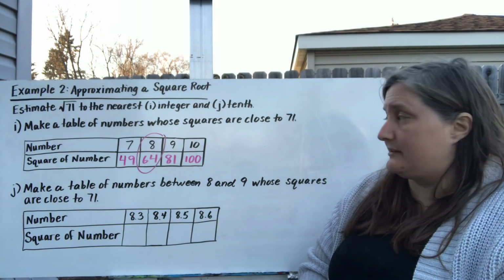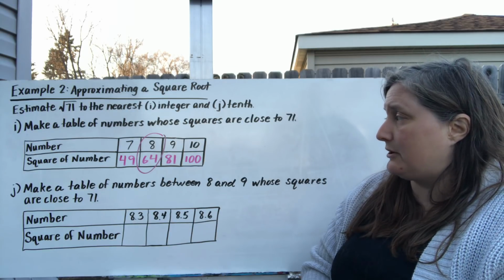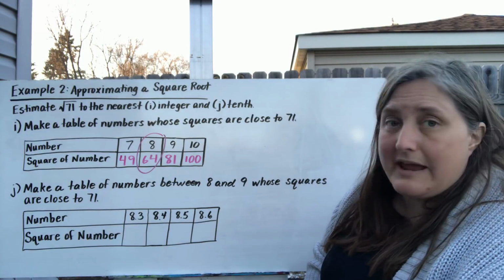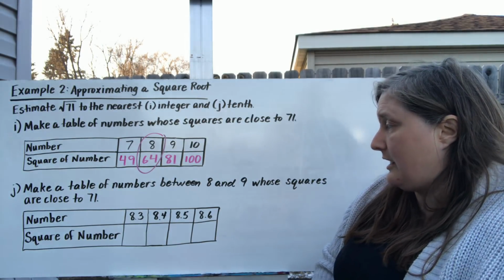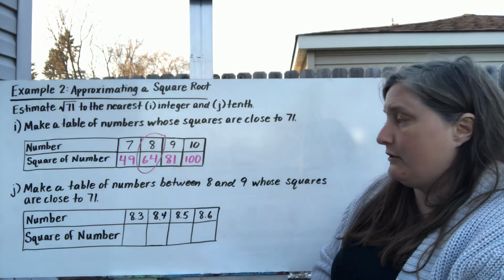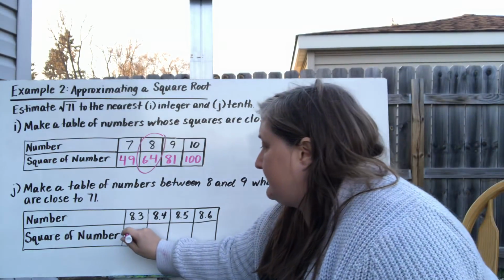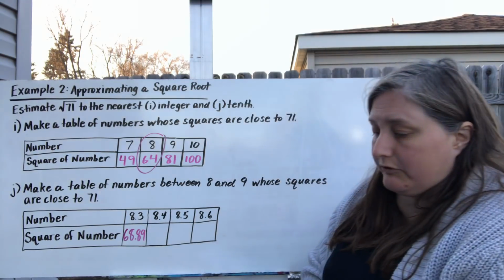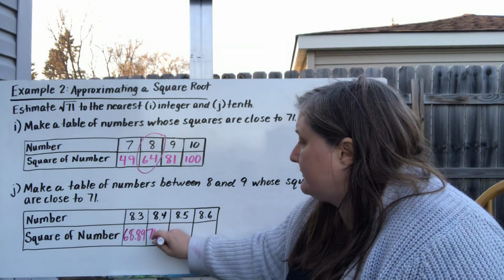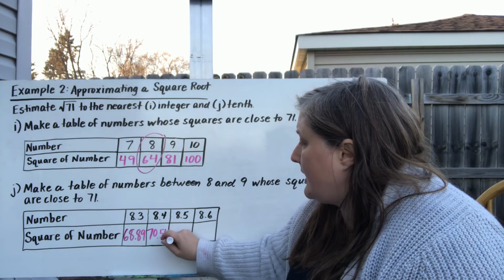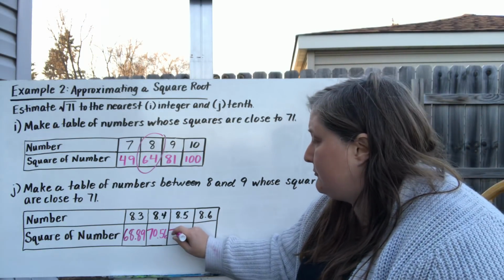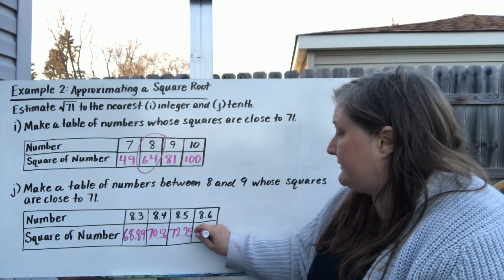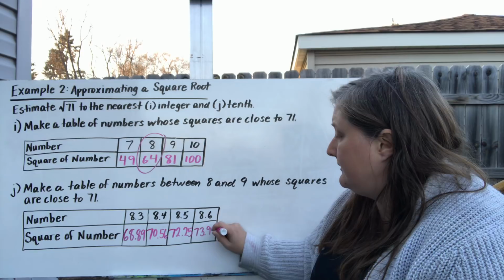So once I know that it's somewhere in the 8 category, a little bit greater than 8, I'm going to try testing some things that start with an 8, like 8.3, 8.4, 8.5, 8.6. So 8.3 squared is 68.89. 8.4 squared is 70.56. 8.5 squared is 72.25. 8.6 squared is 73.96.